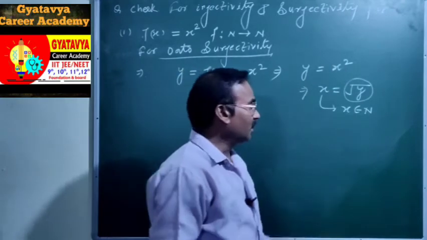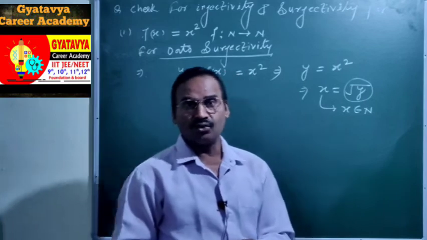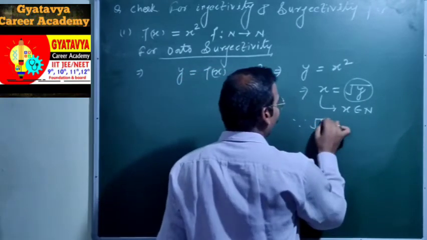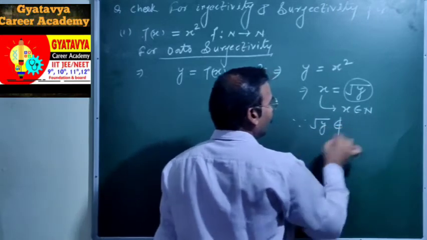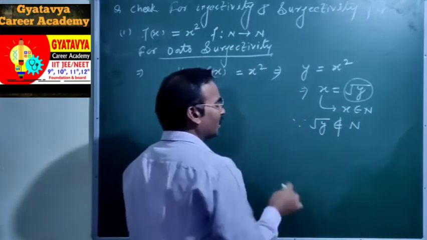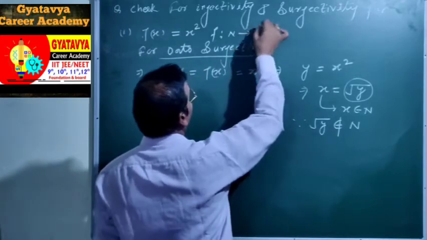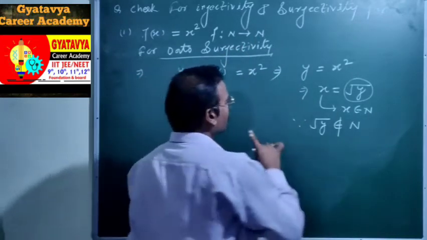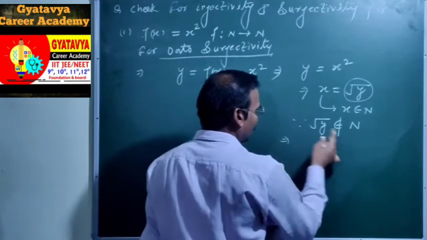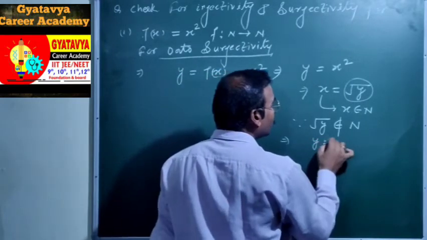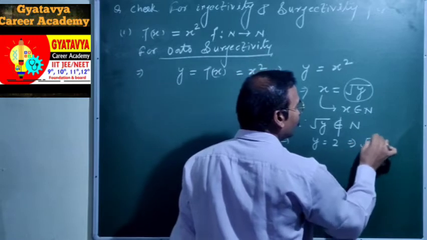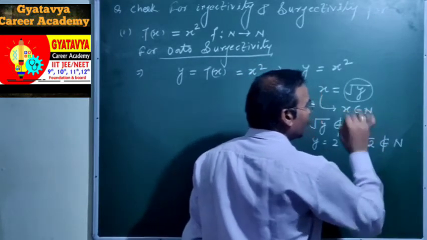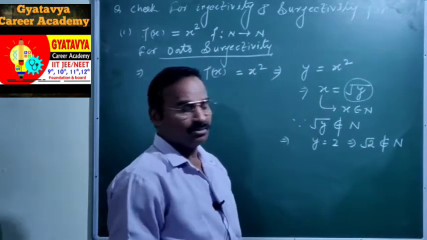If it is a natural number, then it is onto, otherwise no. Since root of y does not belong to the natural numbers, suppose we take y, the codomain is also given as the natural numbers, so we take y equal to 2. Root 2 does not belong to the natural numbers. Root 2 is not a natural number.